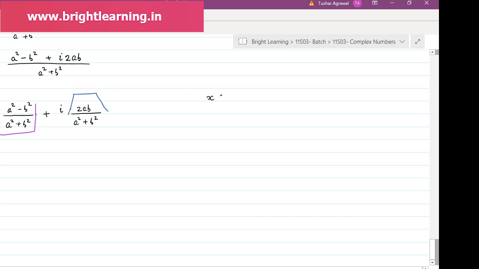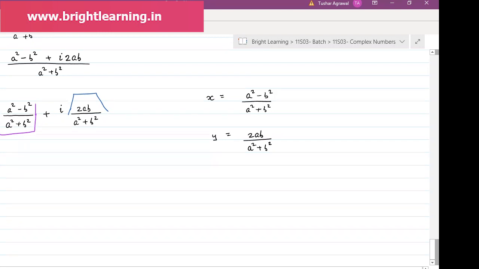So my x is equal to a square minus b square upon a square plus b square, and my y is equal to twice ab upon a square plus b square.